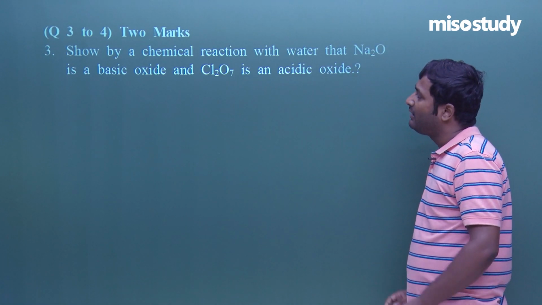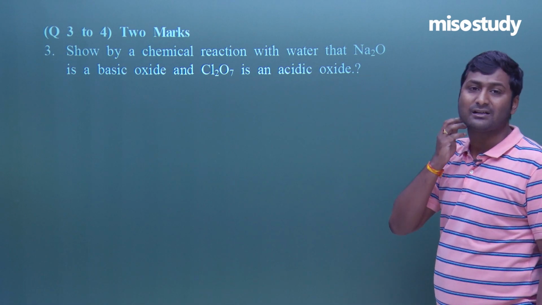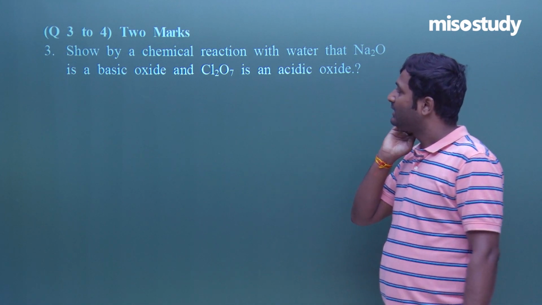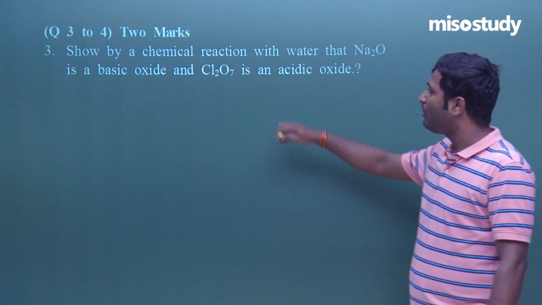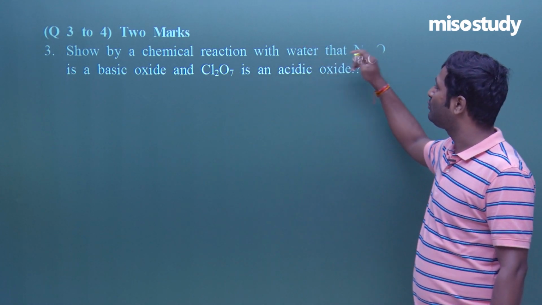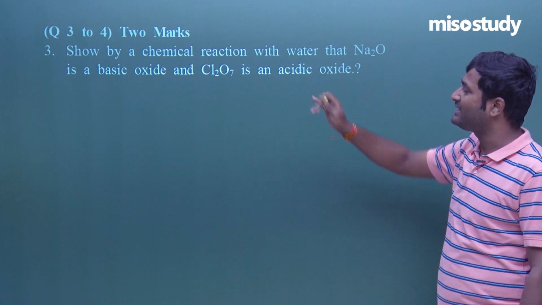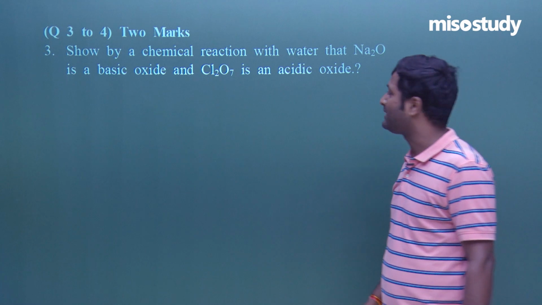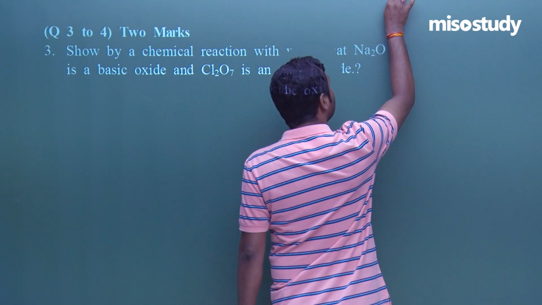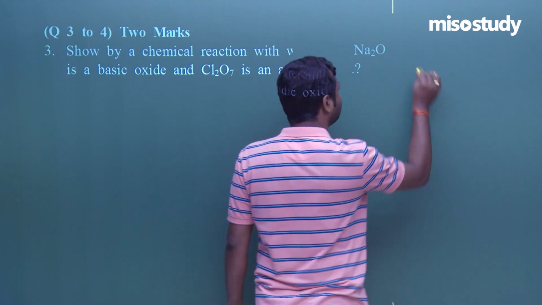What is given here? Look at it, this is a 2 mark question. So now you need a slight explanation in this case. By chemical reaction with water, show that Na2O is a basic oxide and Cl2O7 is an acidic oxide. Now how to solve this question? Listen carefully.